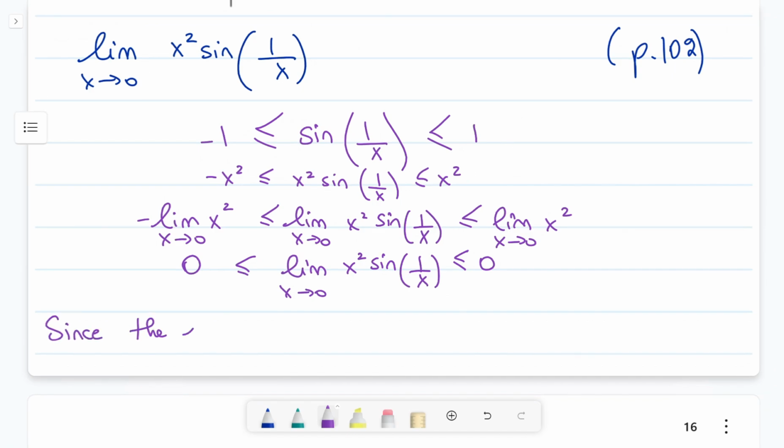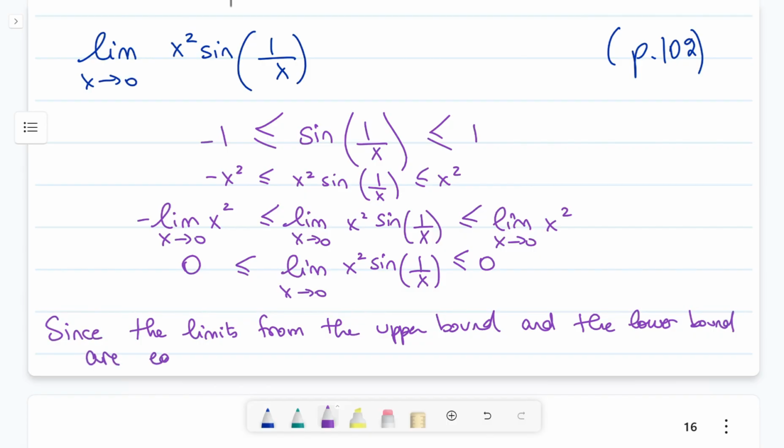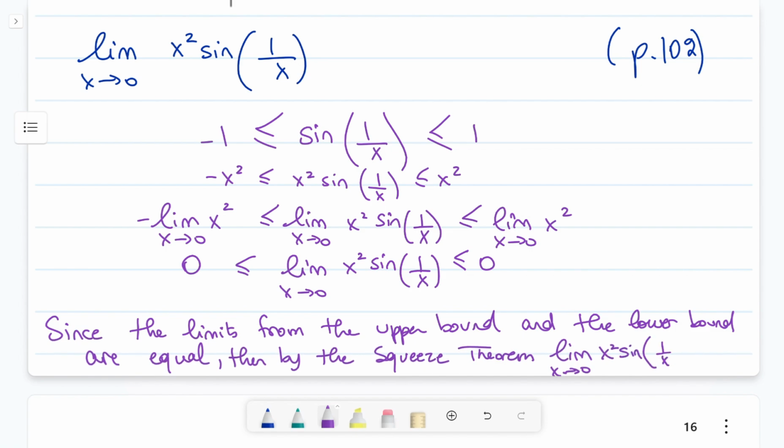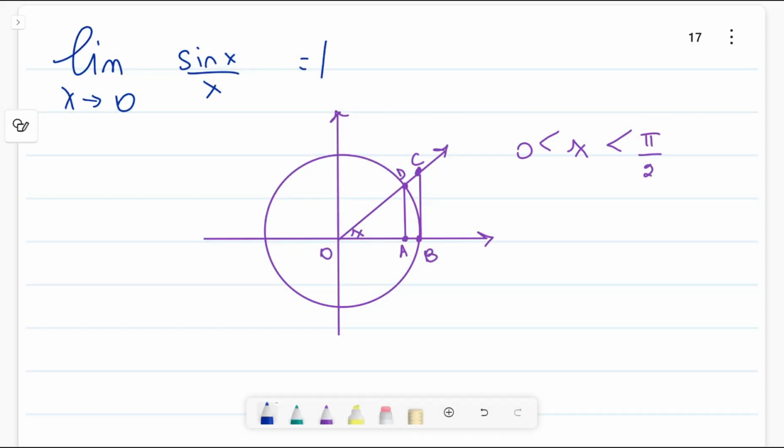So since the limits from the upper bound, which means this side on the right, and the lower bound, which is on the left, are equal, then by the squeeze theorem, always mention the name of the theorem, the limit of x squared sine 1 over x as x approaches 0 is 0. Now we will use the squeeze theorem in order to prove that the limit of sine x over x as x approaches 0 is 1.